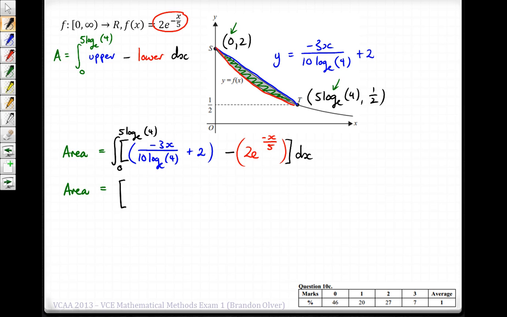So the blue is going to turn into minus 3x squared divided by 20 log e of 4 plus 2x divided by 1.